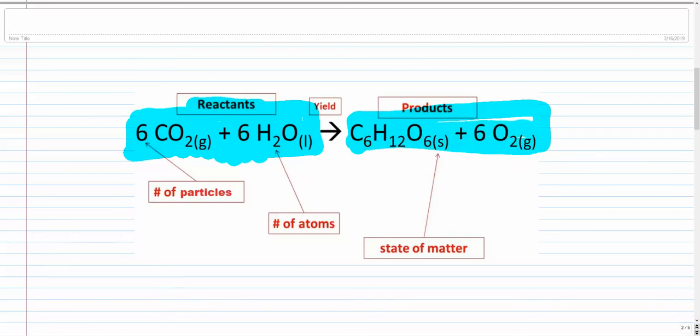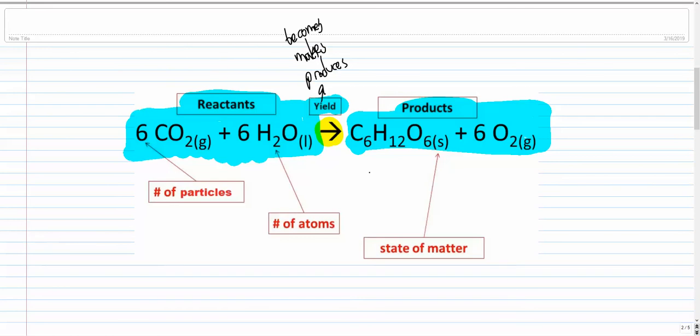Products are what you make, and they are on the right side. So the reactants yield the products. And if you don't want to say yield, you could say produces, or makes, or becomes.